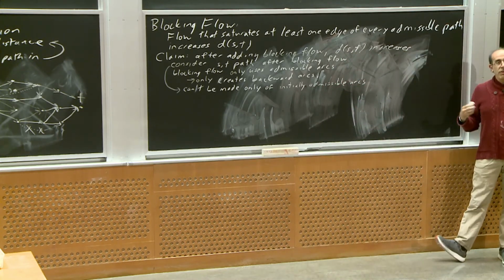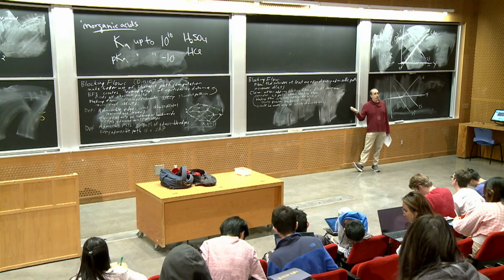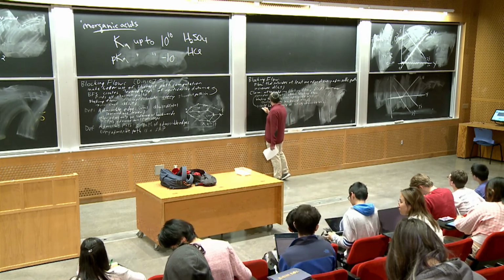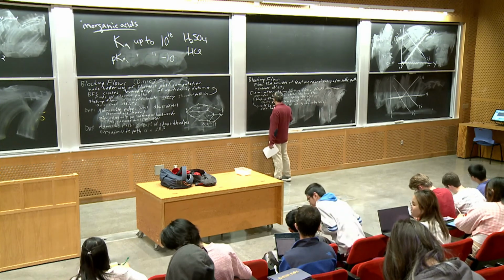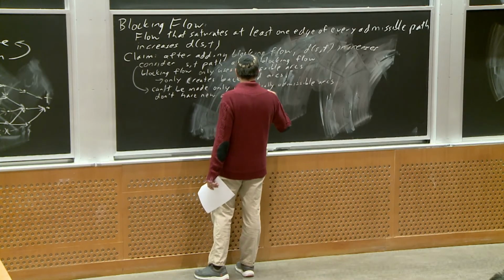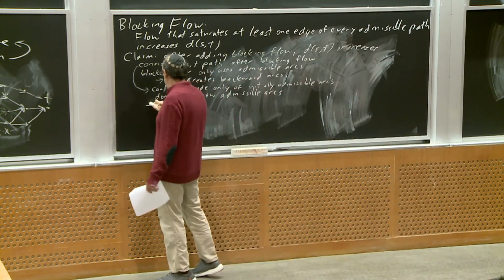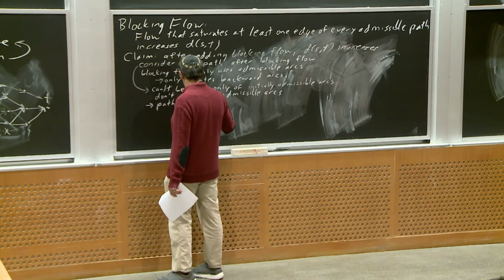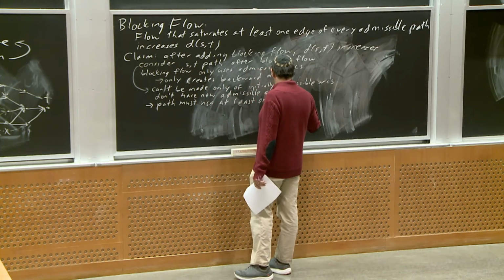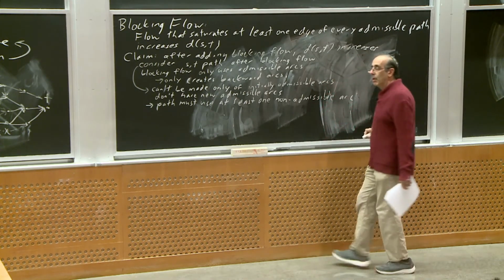Because if all those admissible arcs existed when we were finding the blocking flow, then we would saturate one of them. That's the definition of a blocking flow, right? We don't have any new admissible arcs, because the blocking flow only creates backward arcs. And that means that the path must use at least one non-admissible arc.